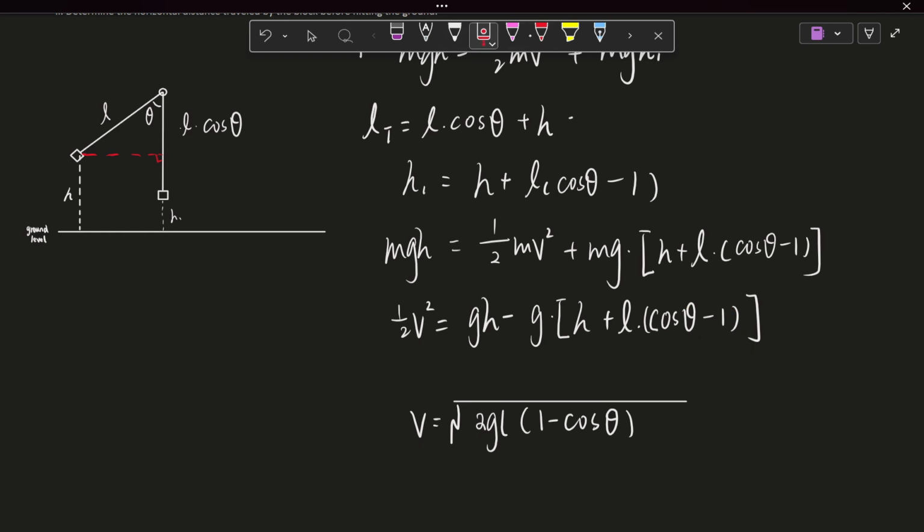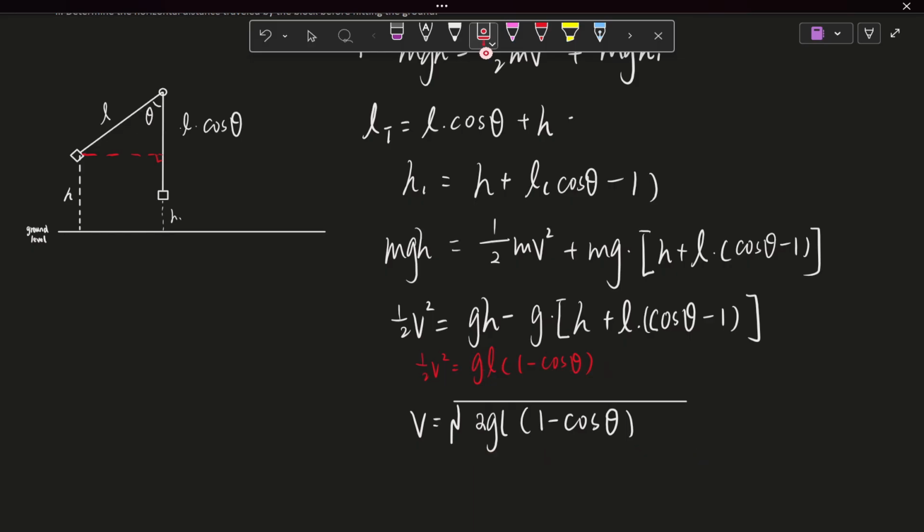So it will become 1/2 v squared is equal to gl times 1 minus cosine theta. And then we multiply by 2 on both sides, so v squared is equal to this. And then we take the square root, and we'll get our final answer.